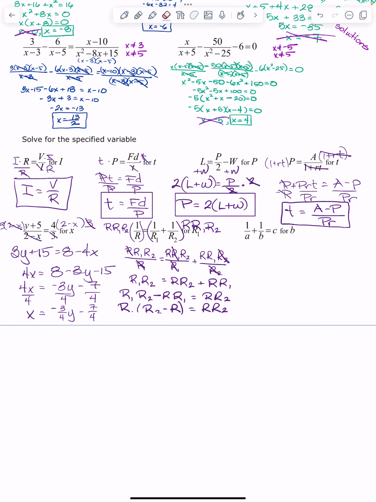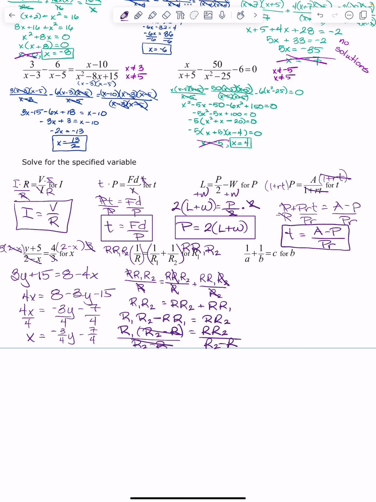I'm going to divide both sides. That is not what I wanted to do. By r sub 2 minus r. Cancel, we get r sub 1 equals r times r sub 2 over (r sub 2 minus r). Sorry, that one's kind of messy, but I'm going to leave it there.